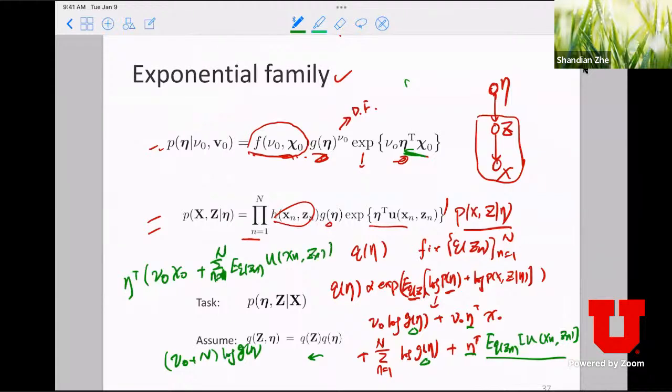And then if you take the exponential, it will give you the same form of the prior, but the parameters are changed. Right? So here is the update.